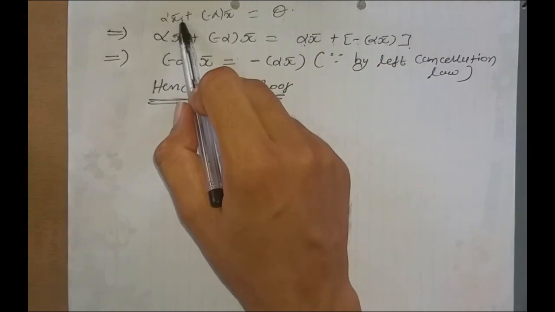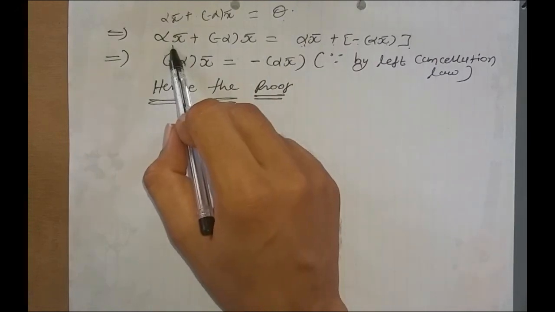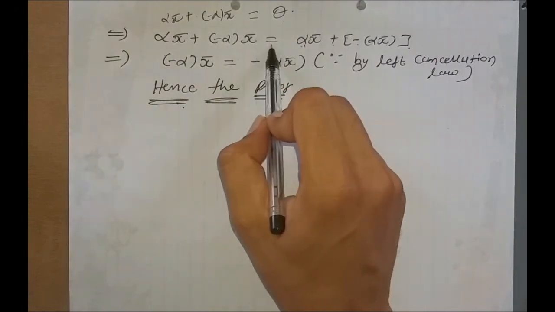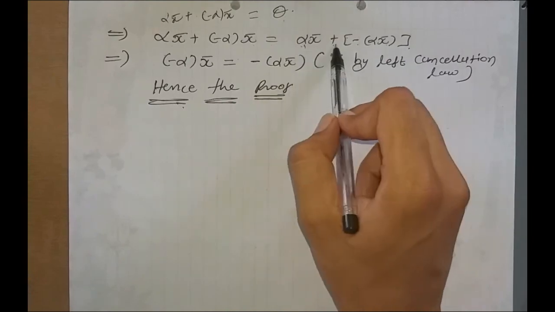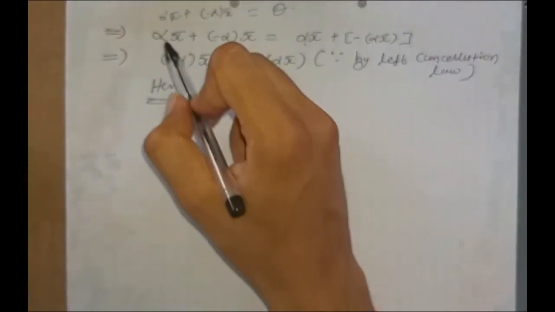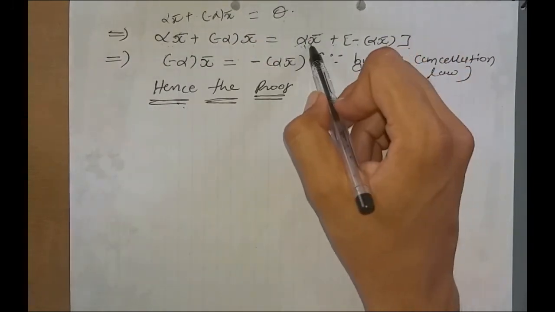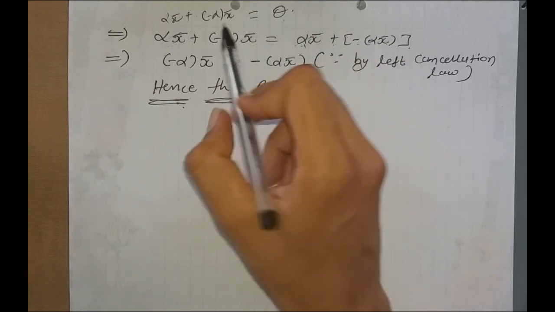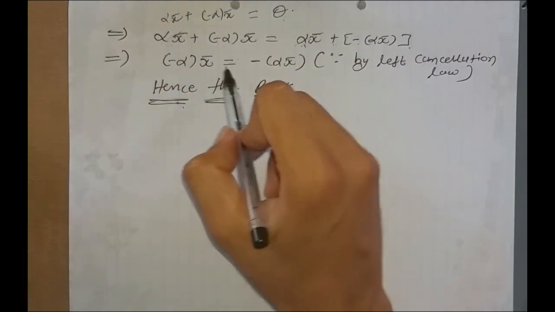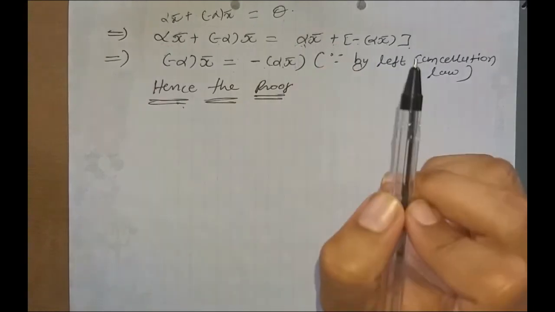So this step can be written as: alpha x bar plus (minus alpha) x bar is equal to alpha x bar plus minus of (alpha x bar). Now again by the left cancellation law, alpha x bar cancels out, and we get the answer (minus alpha) x bar is equal to minus of (alpha x bar).